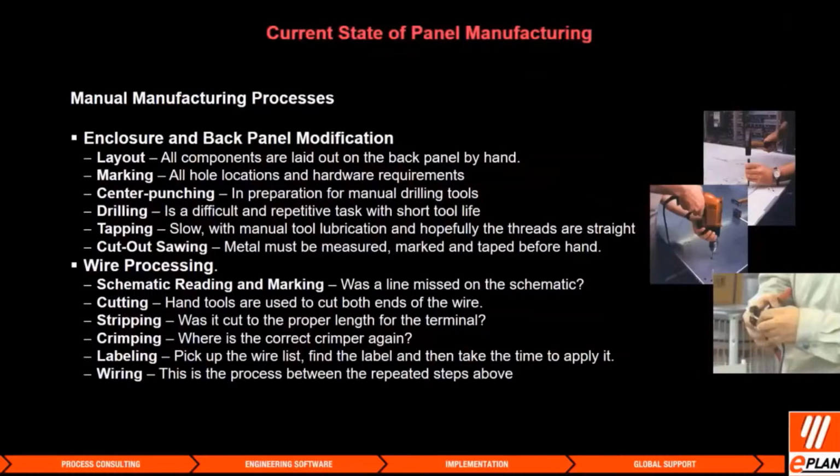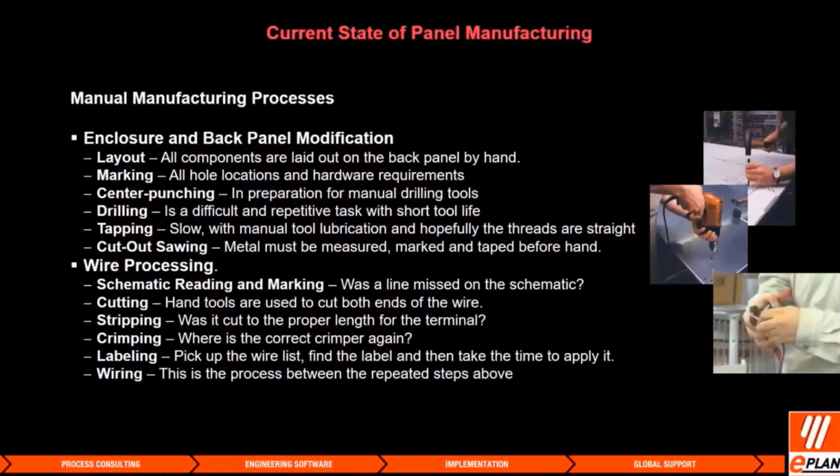That means the layout of all the components on the back panel or enclosure, marking out all the hole locations and hardware requirements, and, once all the components have been taken back off the panel, center punching, drilling, and tapping all of those holes. Then there are the cutouts in the enclosure body itself, often for filters, fans, HMIs, that type of thing. Those areas need to be marked and taped off before they're machined.